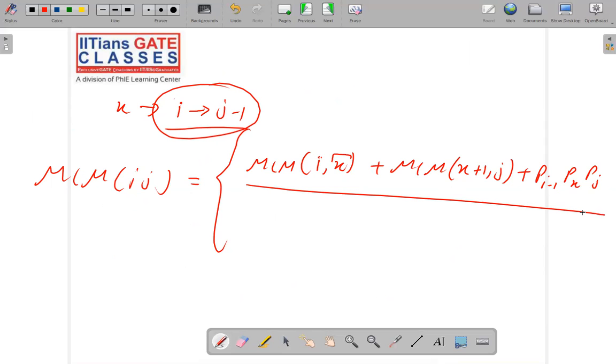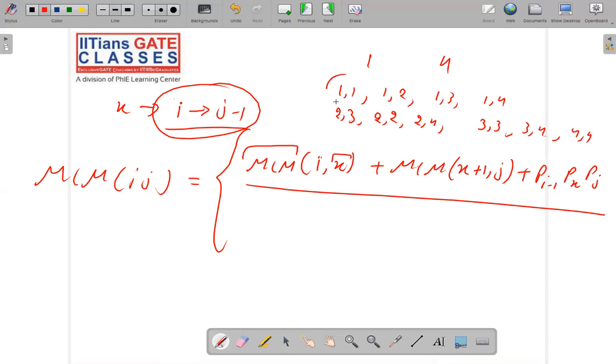So how many distinct MCM calls do we have? If we consider 1,4, we have 1,1, 1,2, 1,3, 1,4, then 2,2, 2,3, 2,4, and 3,3, 3,4, and also 4,4. So these many distinct calls we have.